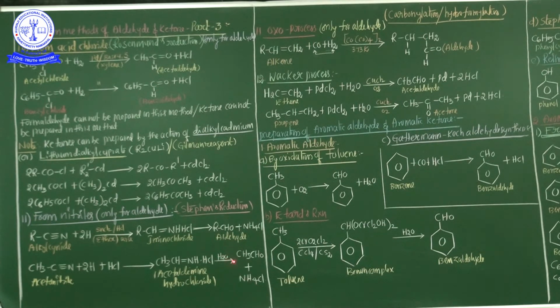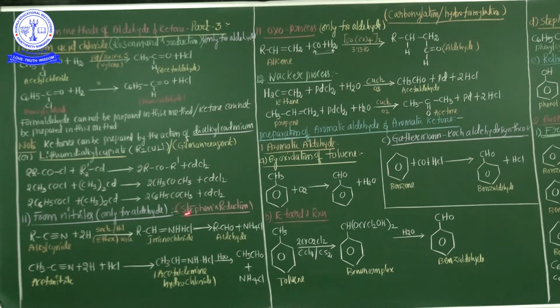So aliphatic aldehyde is easily prepared with the help of nitriles, and that is named the Stephen reduction process. These two examples are the Stephen reduction process. What catalyst or chemicals are used? SnCl2, stannous chloride and hydrochloric acid, and ether at 293 Kelvin temperature.